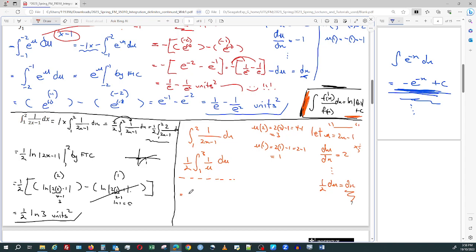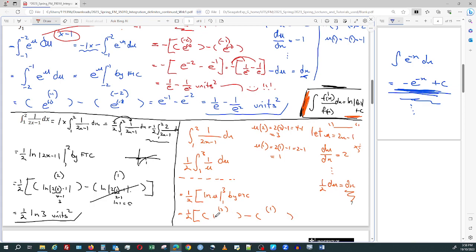And so what we'll do is put in 1/2 the ln of u between 1 and 3 by FTC. This becomes a scaffolding step, 1/2. We're going to bomb that with 3, and we're going to bomb that one with 1.